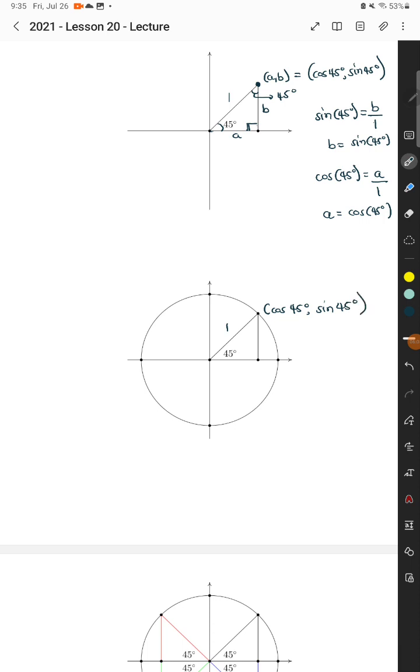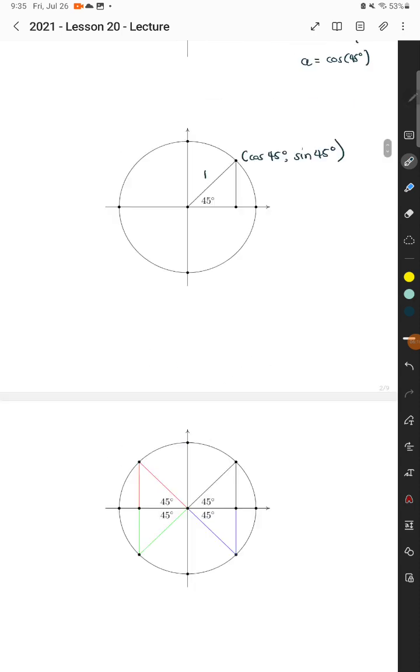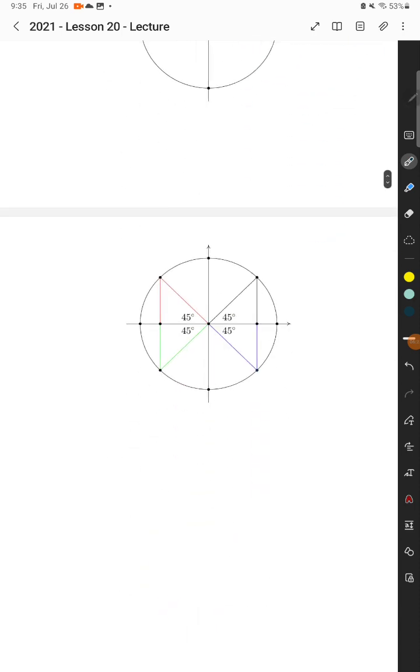Now, upon reflecting this point about the x-axis, we get another point on the unit circle, and this point is going to be cosine of 45 degrees, minus sine of 45 degrees.